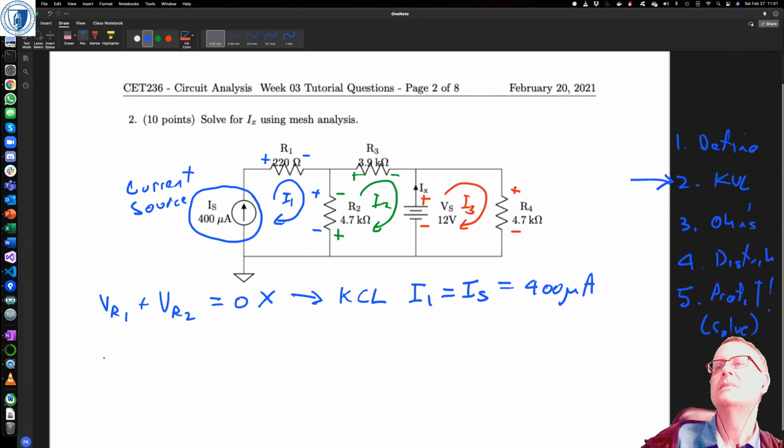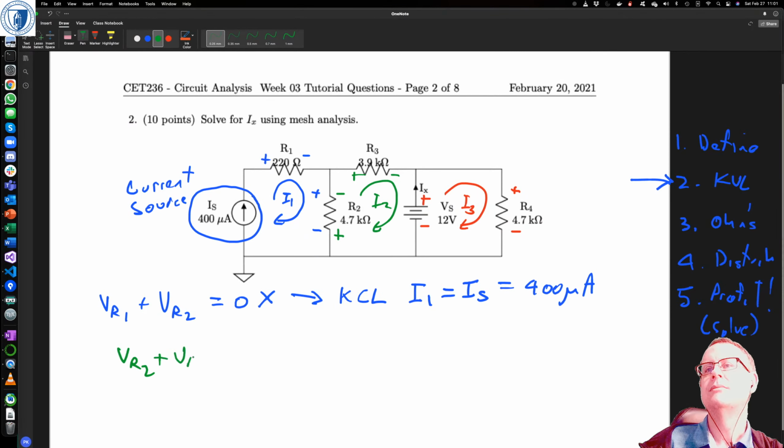Okay? Yeah. So let's move on to the next KVL equation for I2. It's VR2 plus VR3 plus Vs equal to 0.